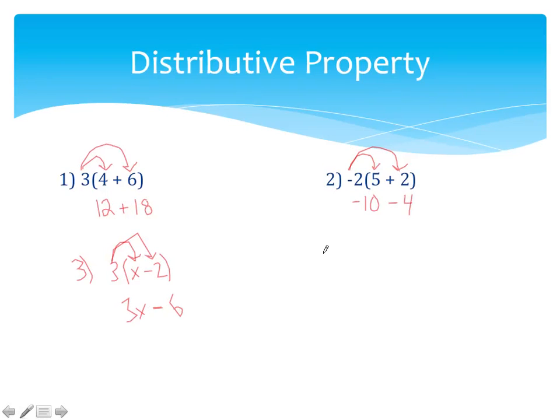All right, here's number 4. So let's say negative 4, and again, you'll need to write this down, negative 4, not y, but 4, parentheses, x minus 2.